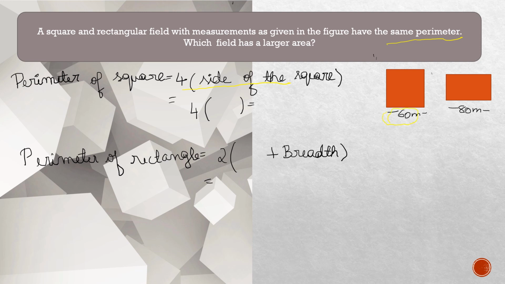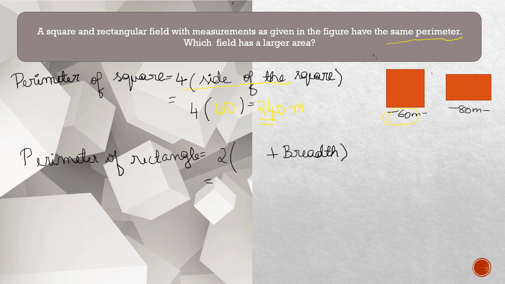So 4 into 60 meter. So 4 into 60 is how much? Do solve. 6 4s are 24, so 240 meter. Correct.